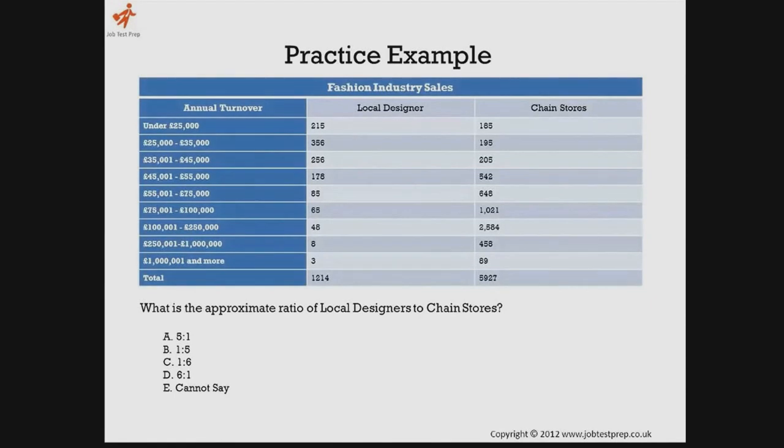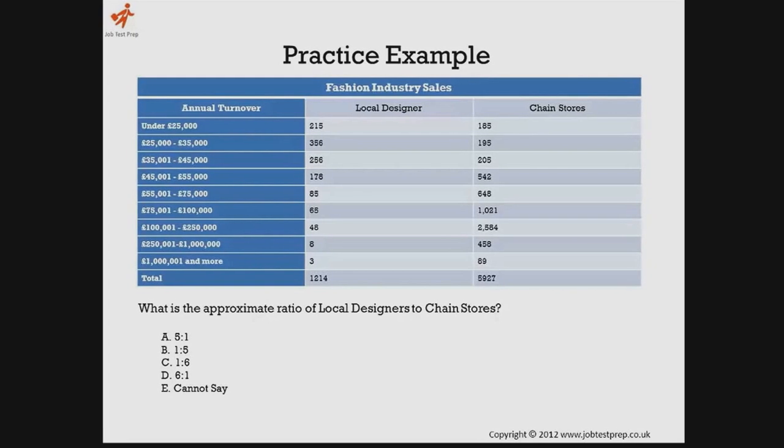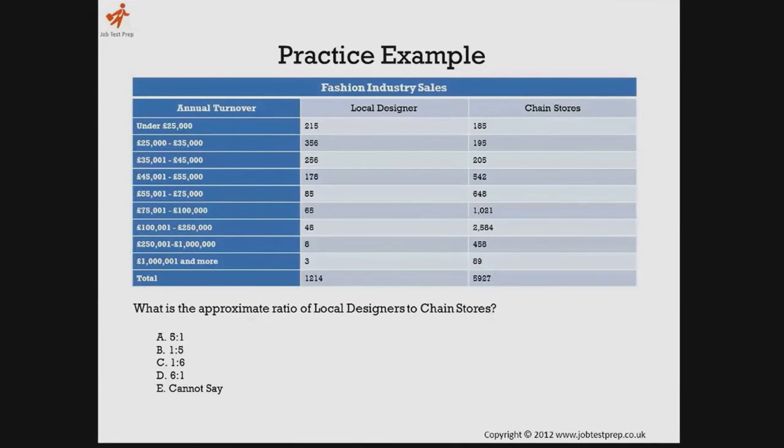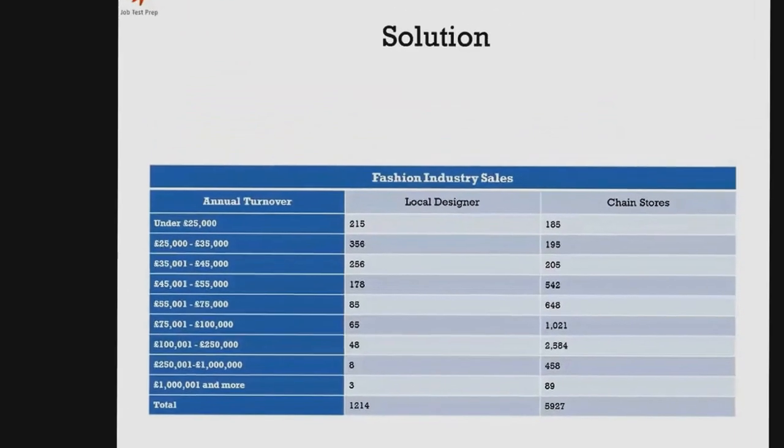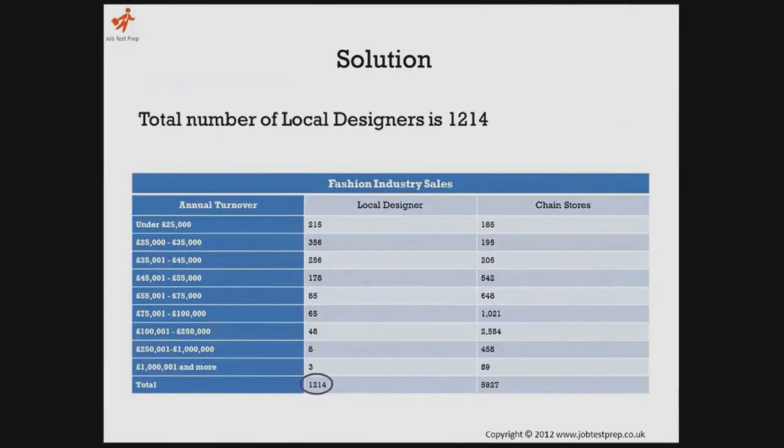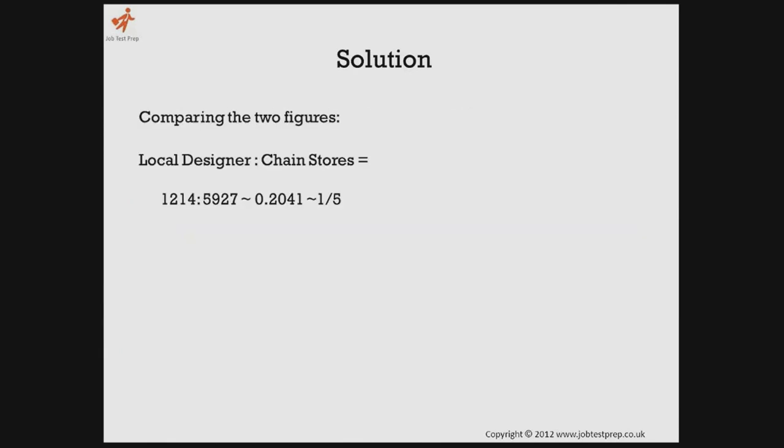The table shows fashion industry sales for both local designers and chain stores. The question asks, what is the approximate ratio of local designers to chain stores? The total number of local designers is 1,214, and the total number of chain stores is 5,927.